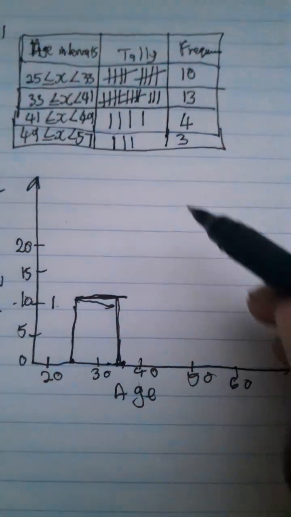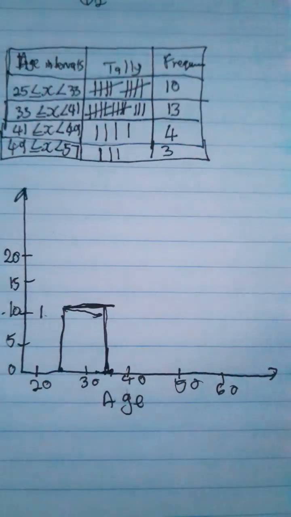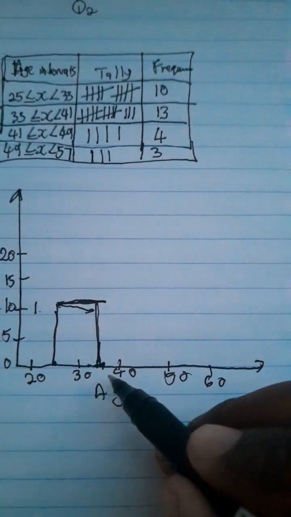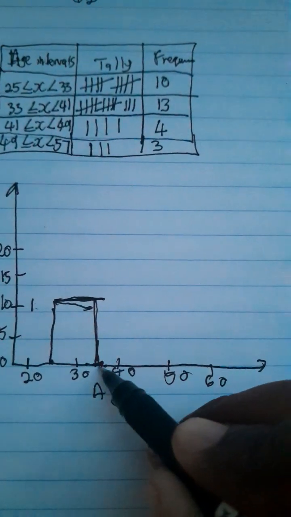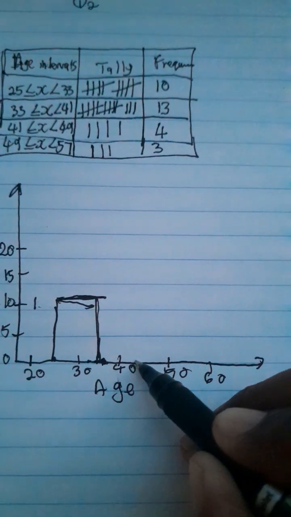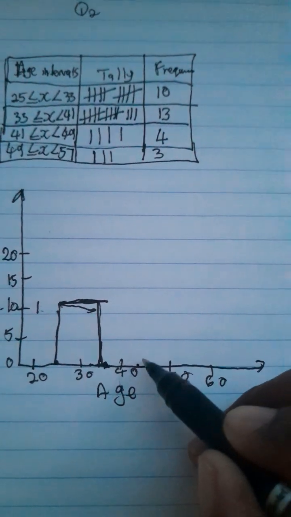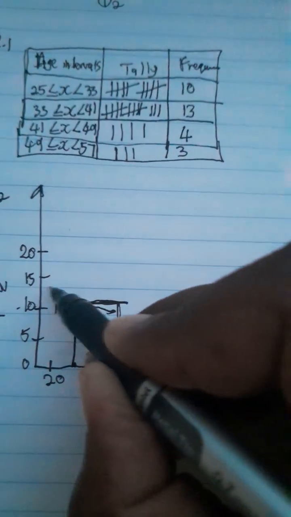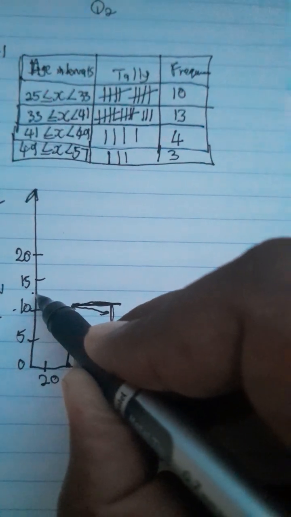So it's to 10 here. So 35 to 41, 35 somewhere here to 41, which will be 13. 13 will be somewhere here.